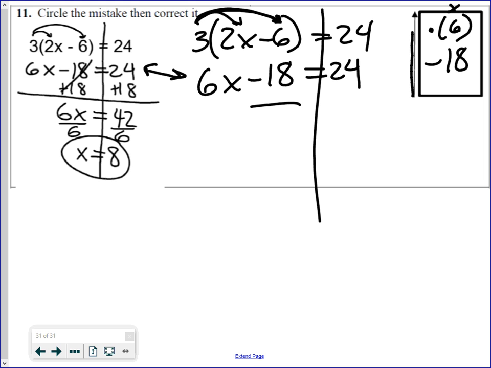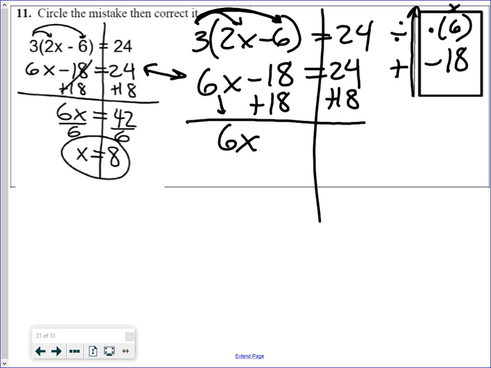Okay, so we're going to do the opposite. Bottoms up, do the opposite. We're going to start off by adding 18, and then we're going to divide by 6. So let's do that. Add 18 to both sides. So again, starting from left to right, I get a 6x there.